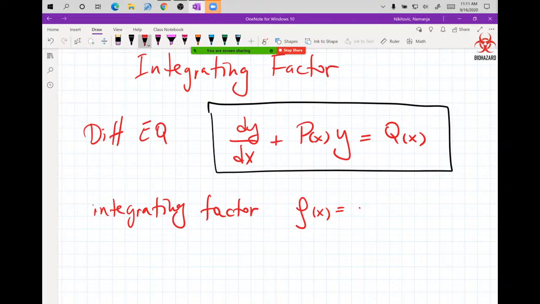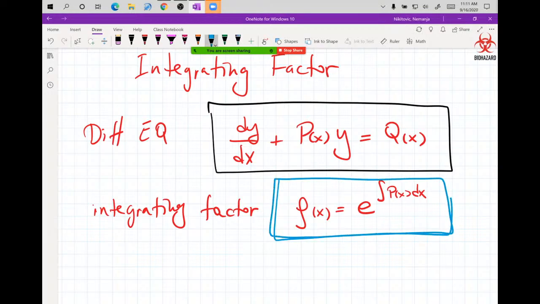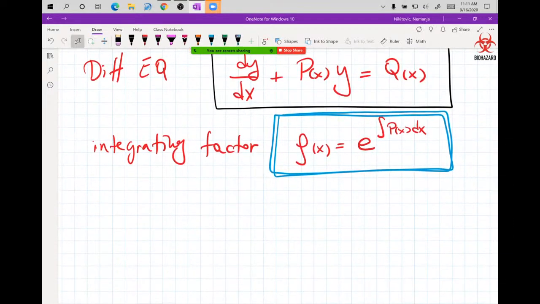And that's going to be given by e to the integral of p of x dx. And this is another formula that you absolutely must know, because you have to compute it every time when you want to solve a differential equation using integrating factor. So that's what you have now to start off the problem.